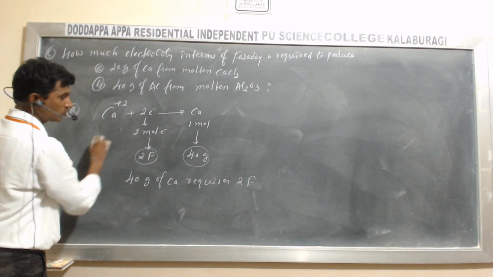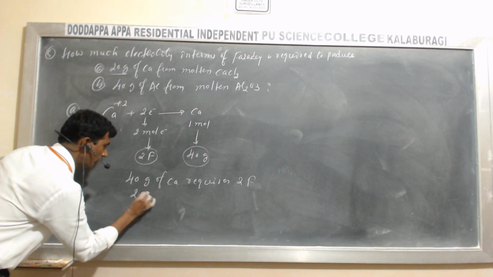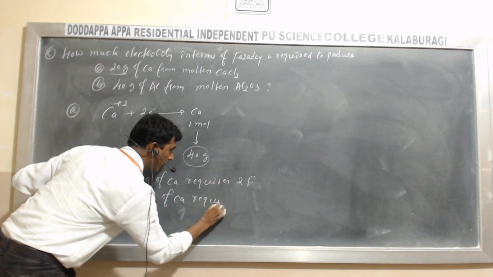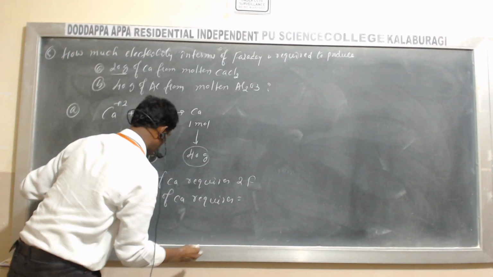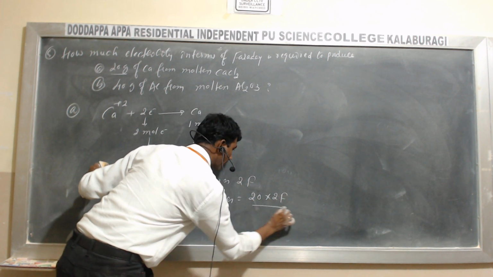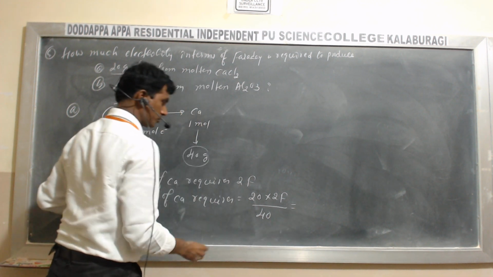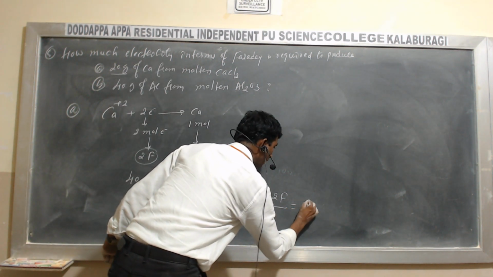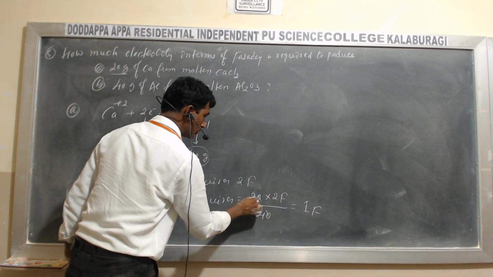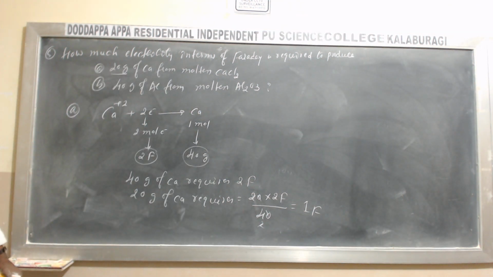But the question is for the deposition of 20 grams, so it requires 20 into 2 Faraday divided by 40. The zeros cancel, 2 ones are 2, 2 twos are 4, so it is equal to 1 Faraday.